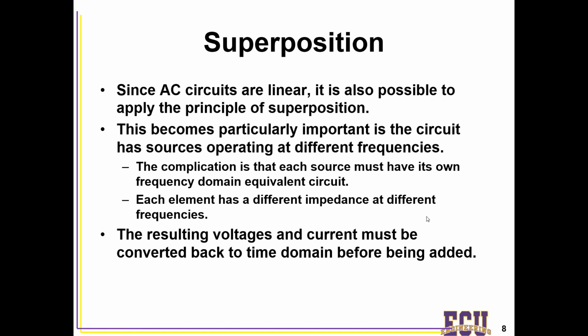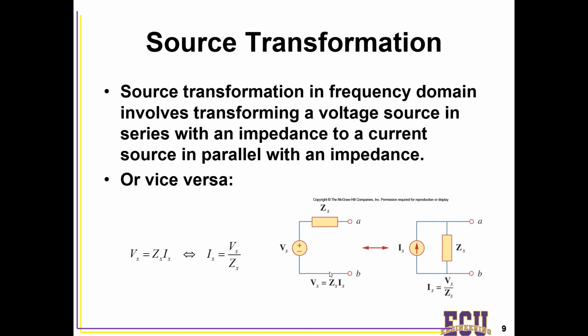If you're looking for the voltage across a particular component, or current through a particular branch, then you just add all of the resulting portions, each of the contributions from each of the sources together, and you'll get the final result.